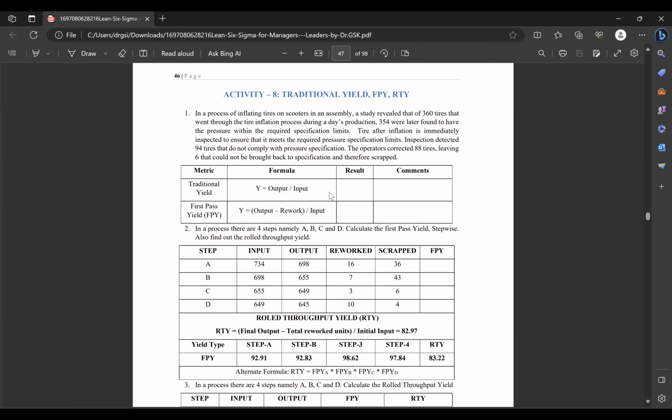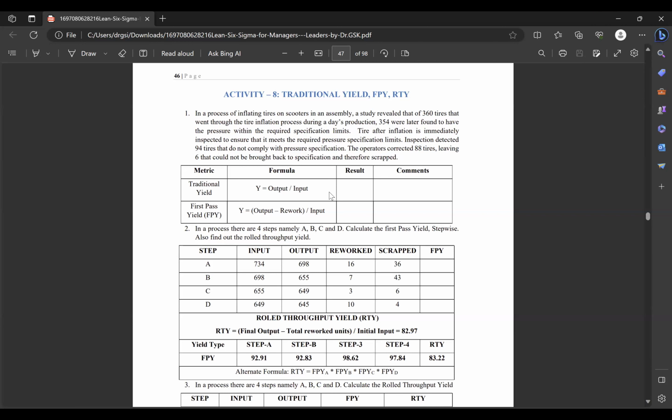So hereafter always try to consider the first pass yield. Now there are 4 processes: process A, process B, process C, process D. Process A, the input is 734. The units produced is 698 output. Reworked 16. Scrapped units 36.